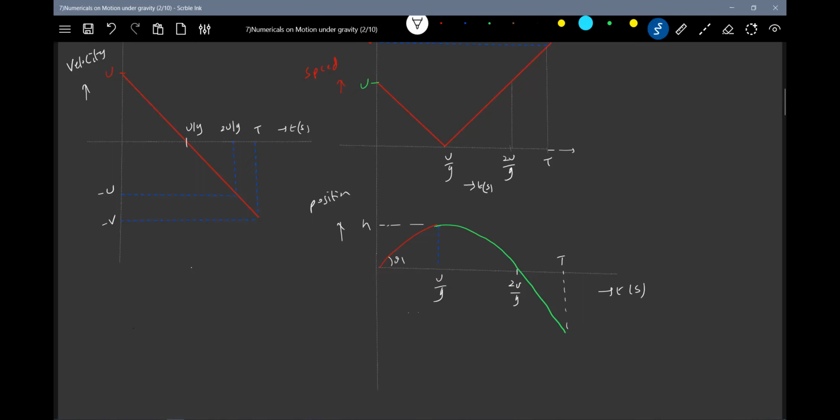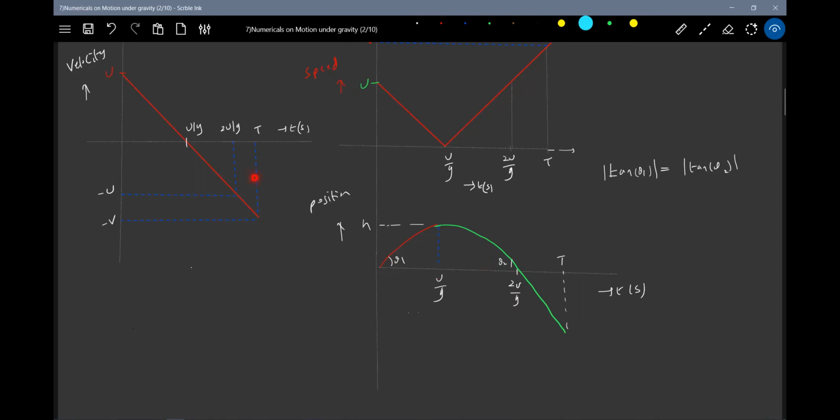And if you write this θ1, θ2, the magnitude of that should in fact be equal. Any reason? Because the speed of the object at t equal to 0 and after 2u by g should be the same. Only the direction of motion is going to change.